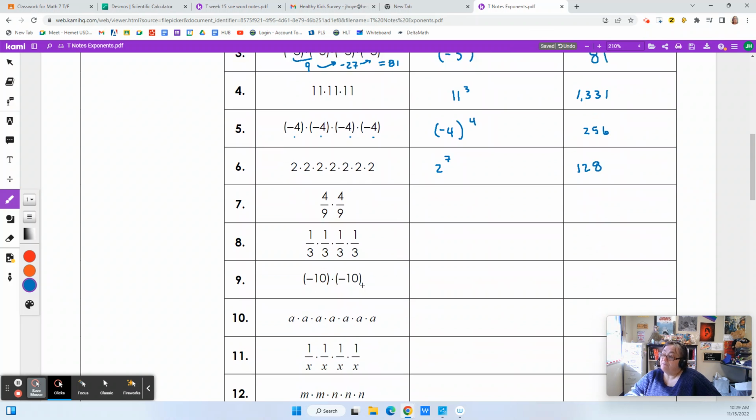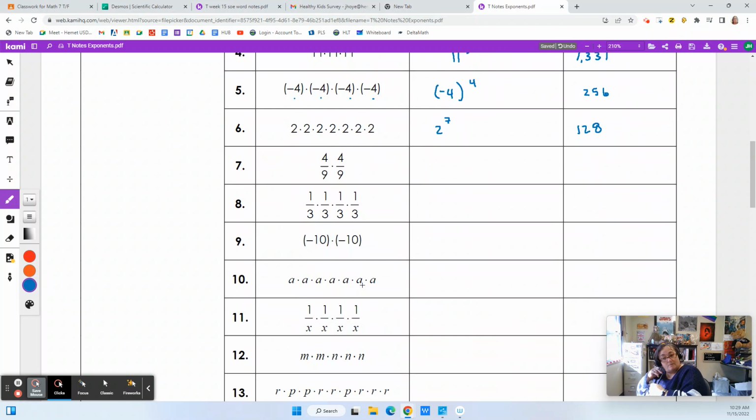What happens when I have a fraction, though, and I raise it to the power? So here we have a base, right? Our base is 4/9, and we're squaring it. When we have a fraction like that that we square, we're going to square both pieces.